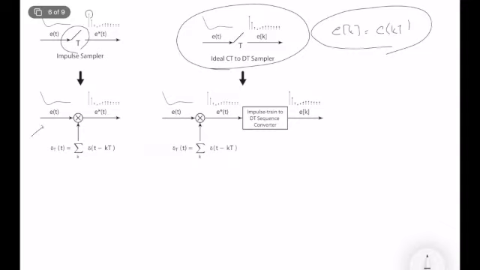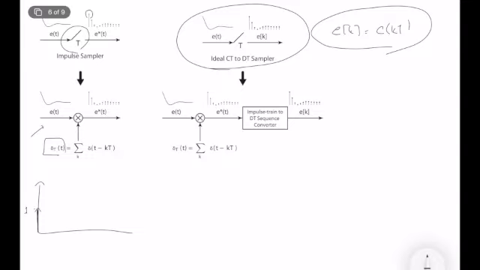This is the impulse train function with a sampling time of T. We say that it is the sum of delta t minus kT. When k is equal to 0, this is equal to delta t, and its strength is equal to 1.